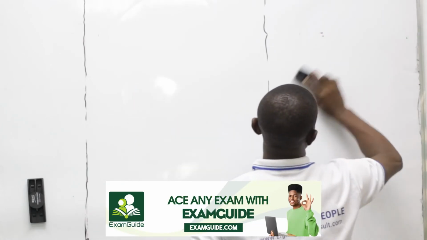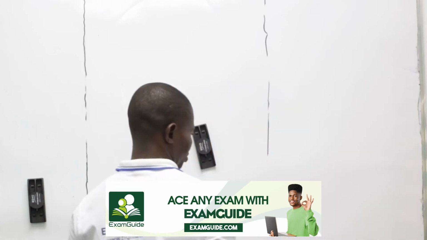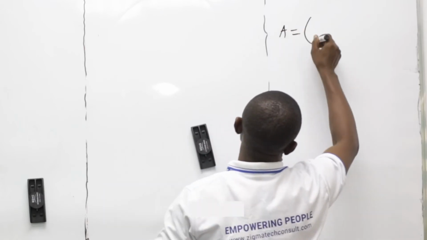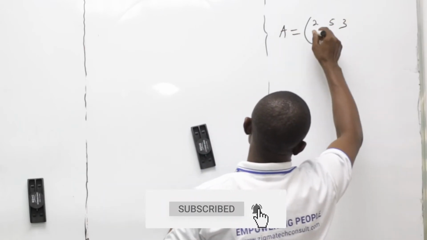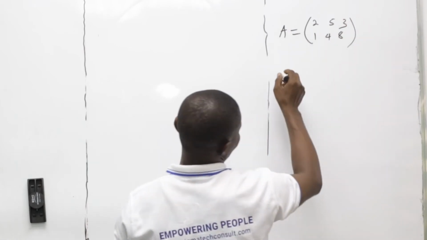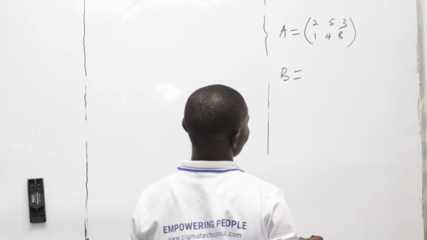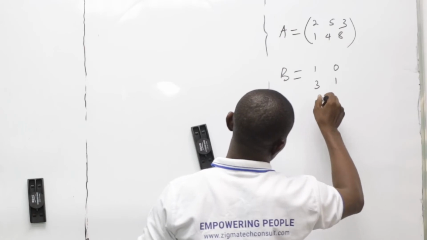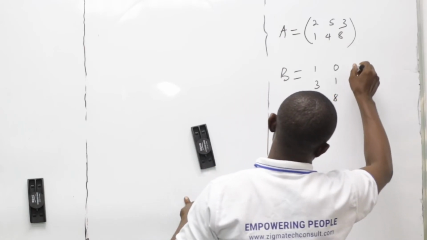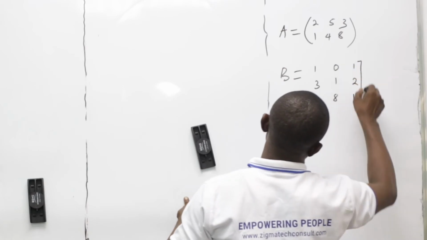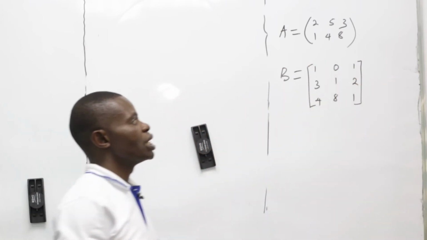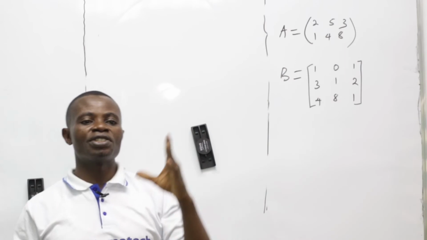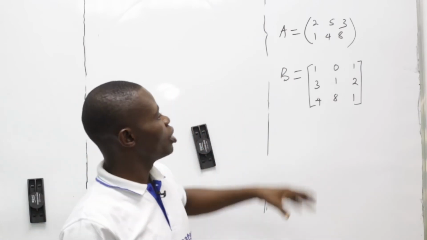Let's see a sample here for order of matrix. If I have A to be this 2, 5, 3, 1, 4, 8, and another matrix B to be 1, 3, 0, 1, 4, 8, 1, 2, 1. If we multiply A and B, what is going to be the order of the matrix? That is the product or the result of multiplying this.